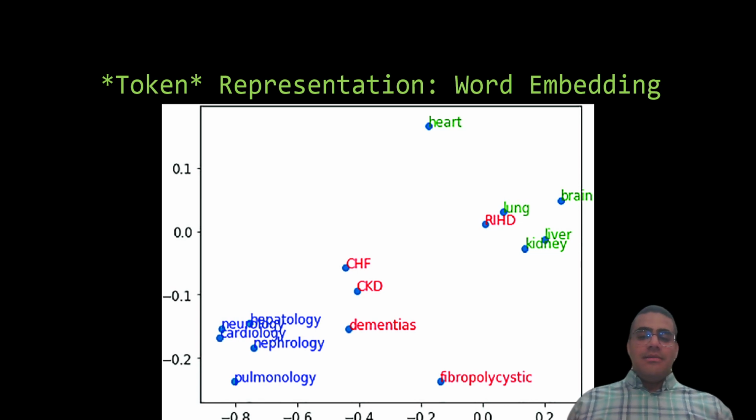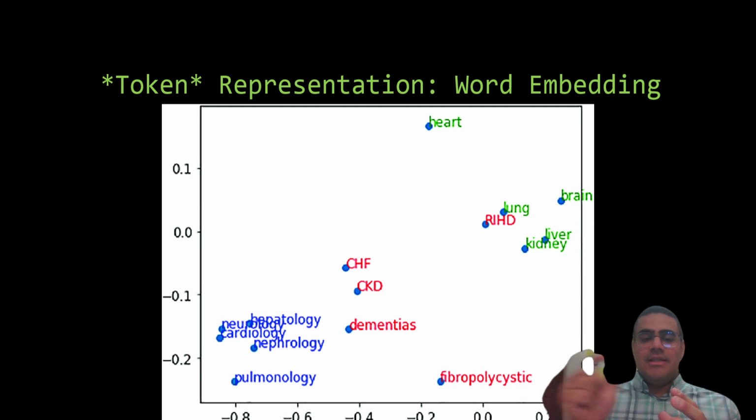All right, so now let's move to token representation. For token representation, we use something called word embedding. Word embedding is a very clever way of representing words or tokens. What it does is that it basically maps each word into an embedding space. And what is important about this embedding space is that the distance between different tokens or words is meaningful.